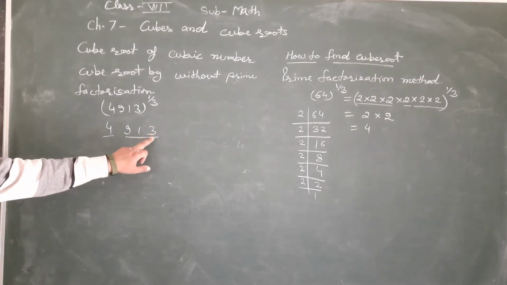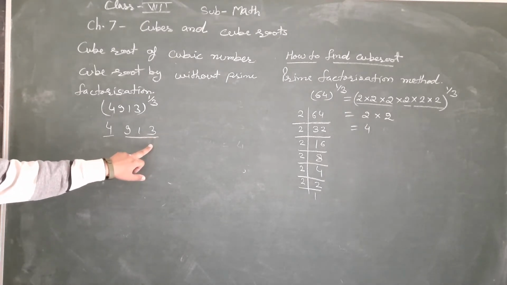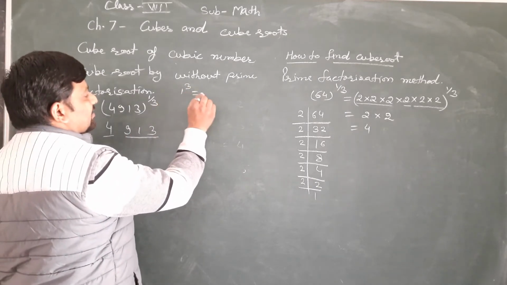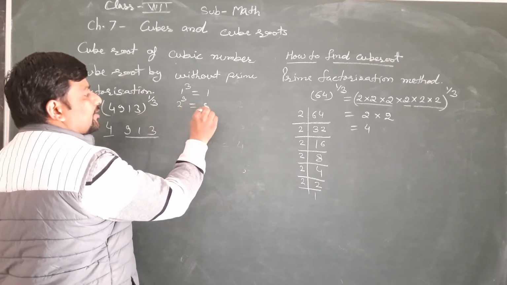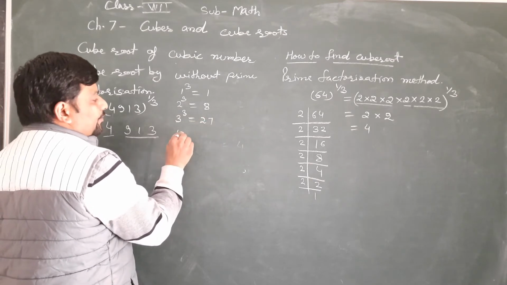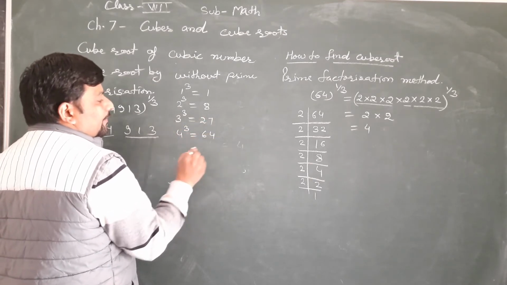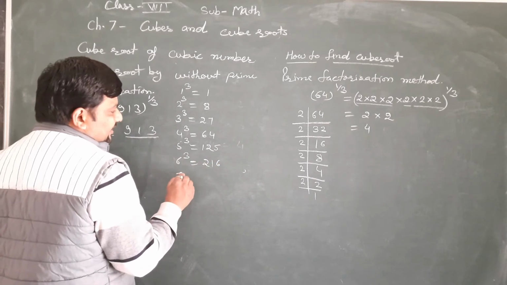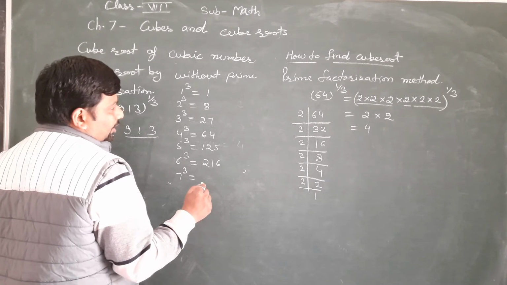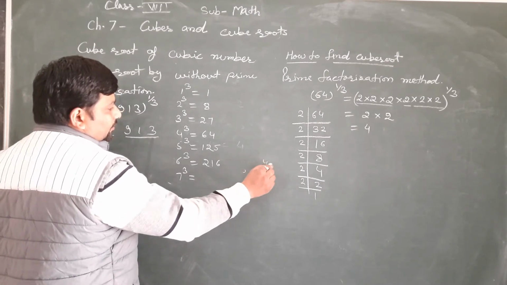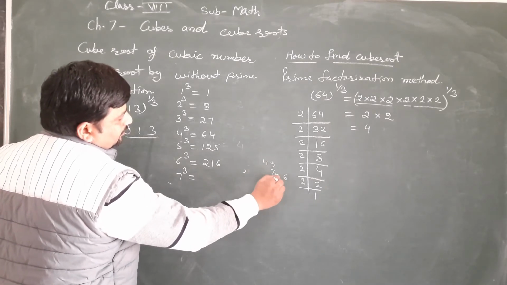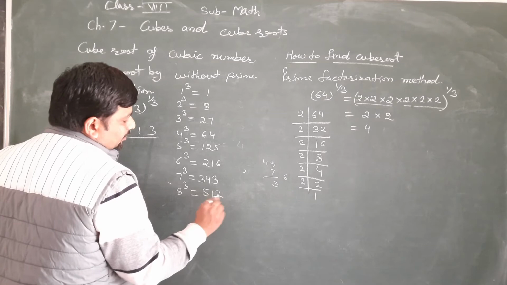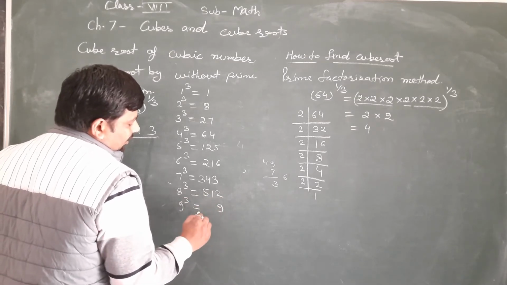Now the unit digit is 3. We will check which number has a cube ending in 3. As we know, 1 cube is 1, 2 cube is 8, 3 cube is 27, 4 cube is 64, 5 cube is 125, 6 cube is 216, 7 cube is 343, 8 cube is 512, 9 cube is 729.